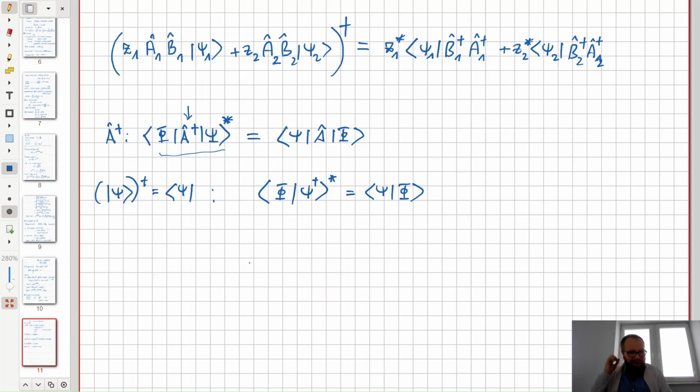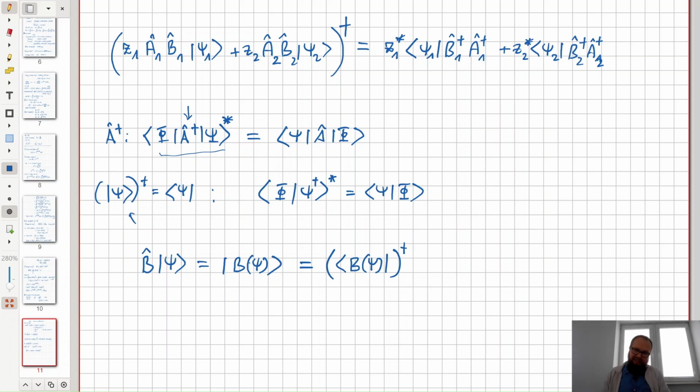For example, on the one hand, B acting on psi is a vector, so we can write this as the ket representing the result of the action of operator B on psi. And we know that this is the dagger of the bra associated with this. So on one hand this is true.